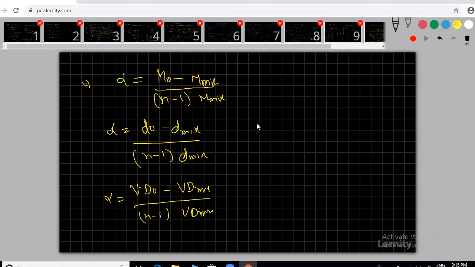You can apply this; mostly n is the product number of moles, minus 1.